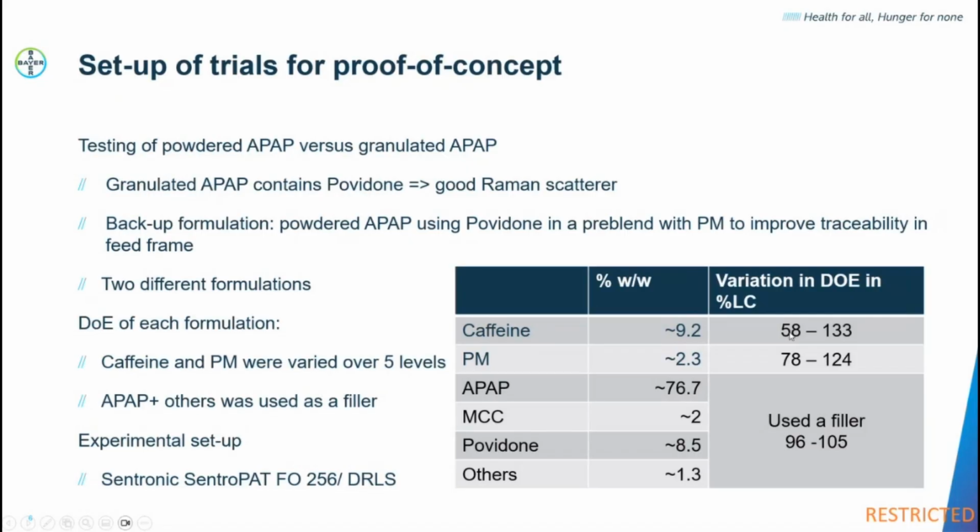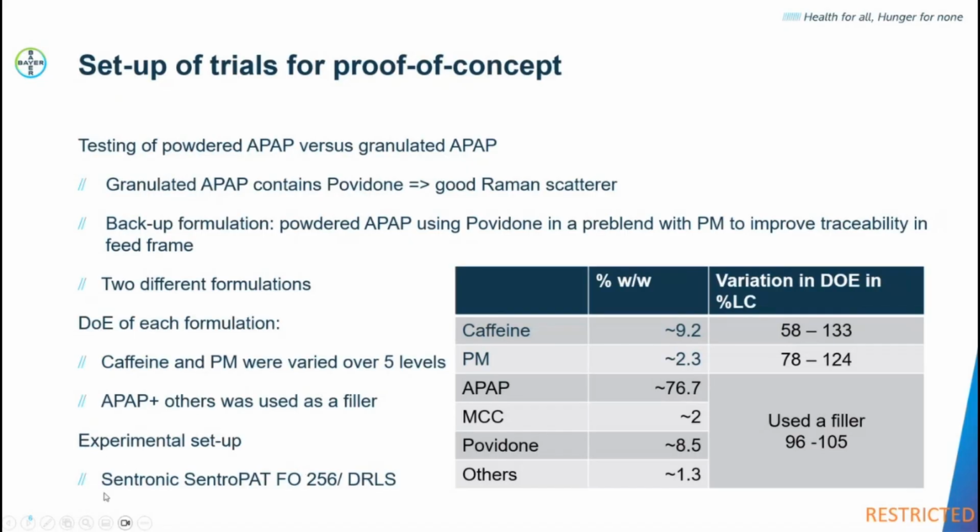So from 58 to 133% label claim was the variation region of caffeine, and for pyrilamine it was a little lower, so it was 78 to 124%, and then the rest was varied accordingly to fill up to the 100% tablet weight.